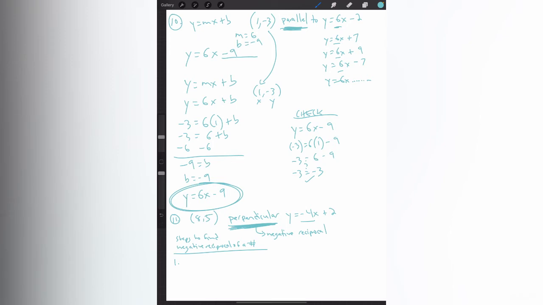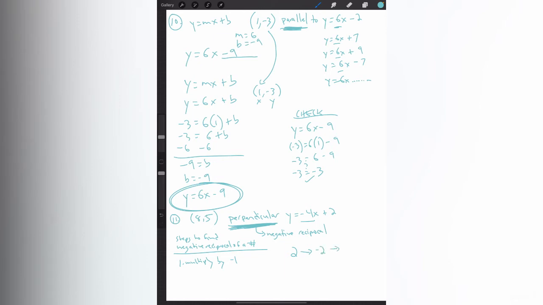So if I were to take a number, let's just say the number is 2, right? The first thing you would do is you would multiply it by negative 1. 2 times negative 1 gives me a negative 2.